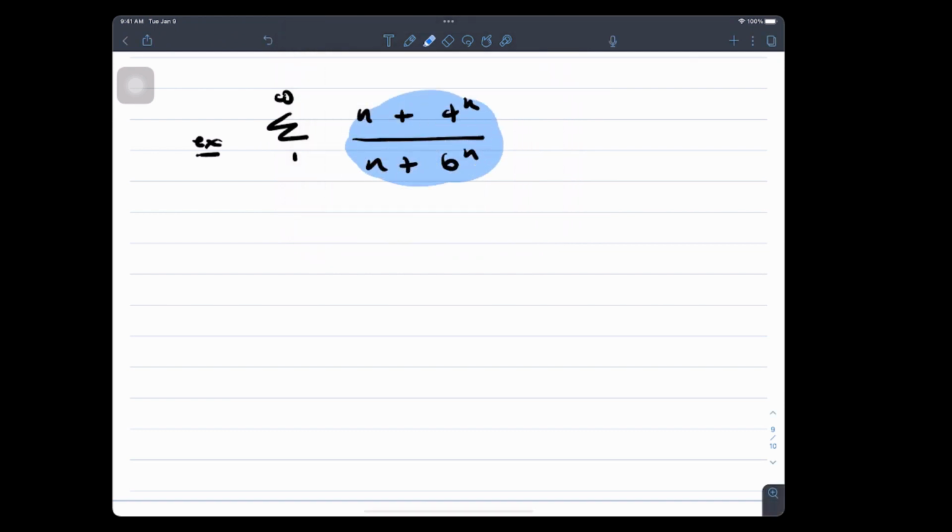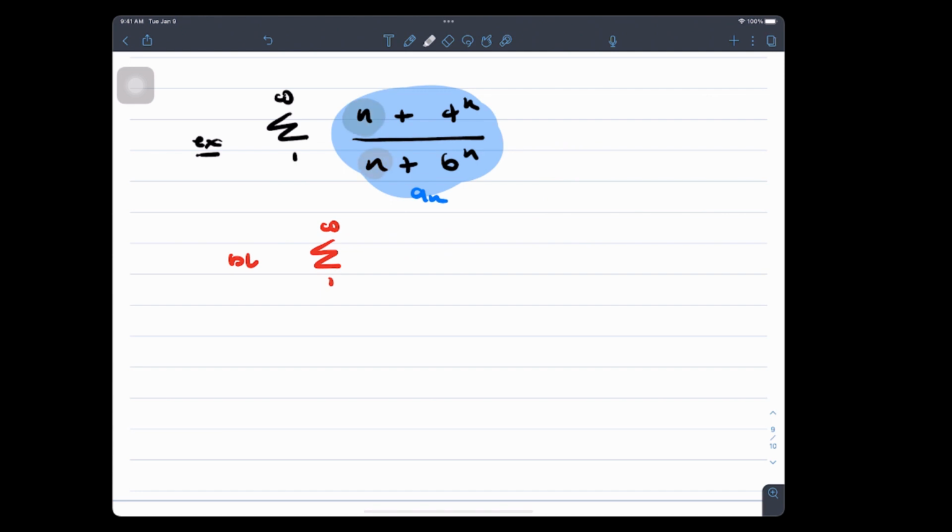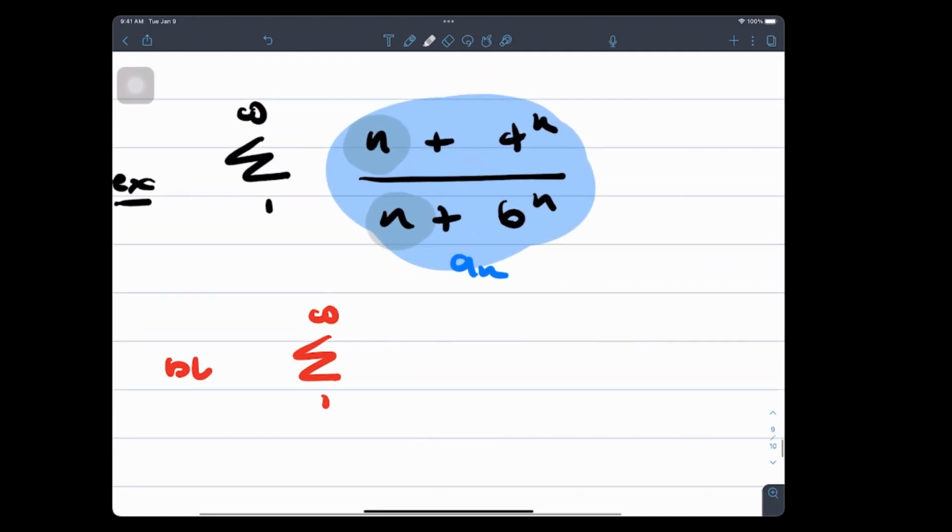This is the a_n. But then the question is, what does this behave like? Remember, we've been getting rid of a constant, which is thought of as a non-dominating term here. So you might say, well, what do I get rid of now? You don't have any constants, right?